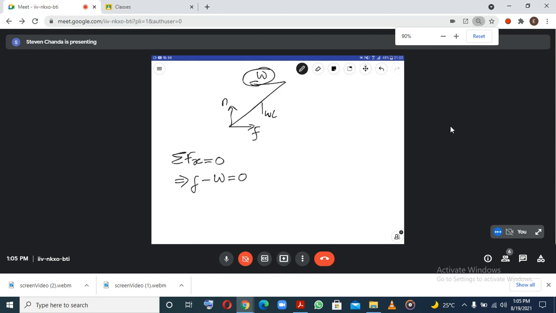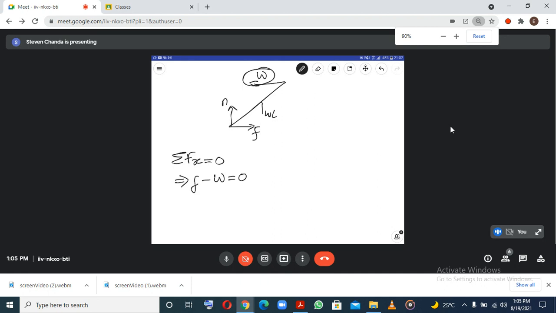Because remember, when something is pointing towards the right, it's going to be positive. But more so, the friction here is what's important because it's actually what's keeping this thing in the position that it's in. So what does this tell us?